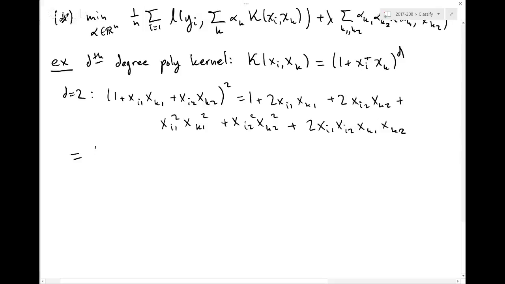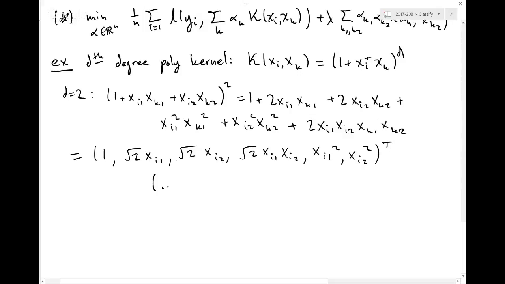And that is 1, root 2 xi1, root 2 xi2, root 2 xi1 times xi2, xi1 squared and xi2 squared, and then this transpose with the same thing but for xk.